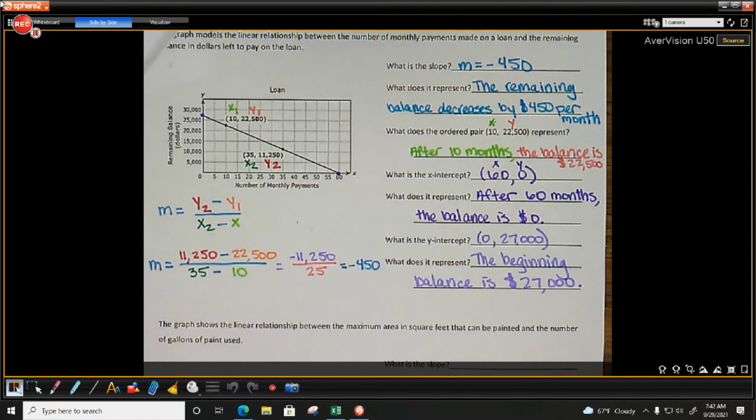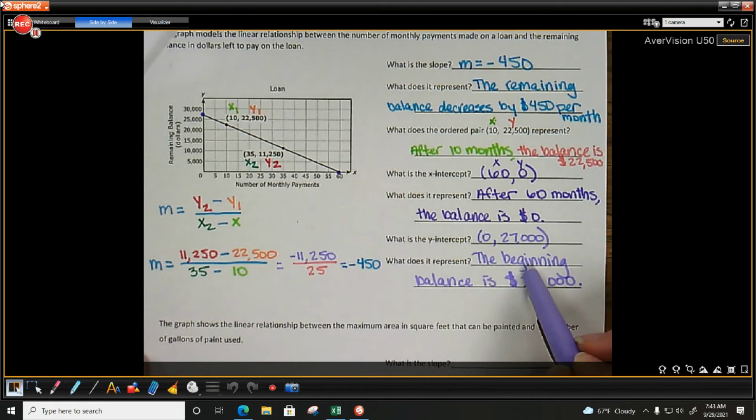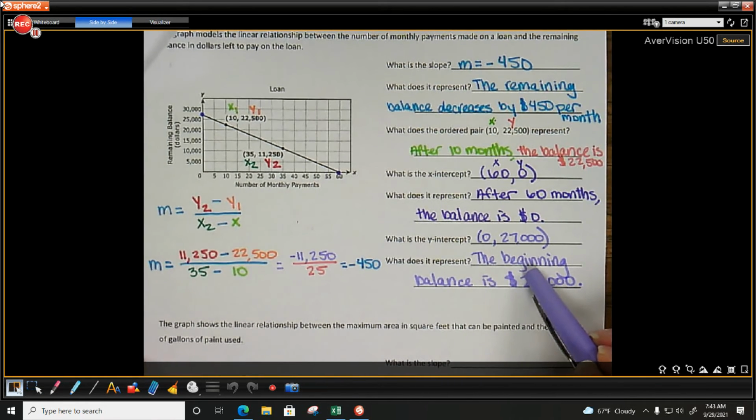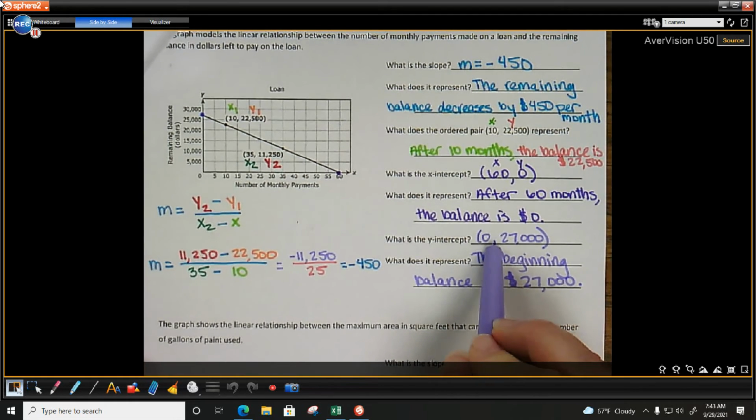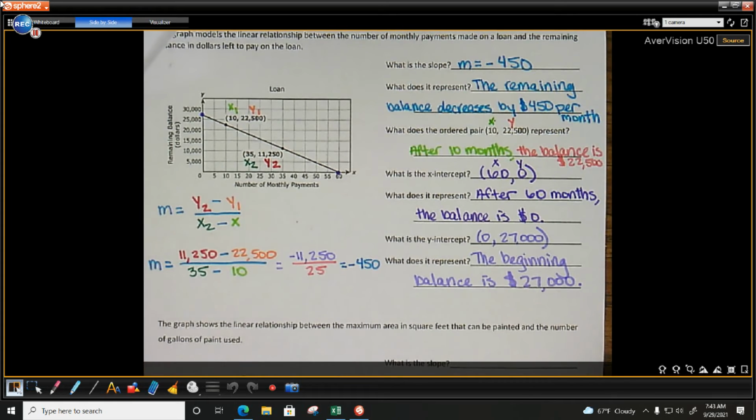Now, we don't actually have 0 written in that explanation, but when we begin, how many months have passed? 0. Beginning means no time has passed, right? So this word implies that 0 x value, 0 months. Okay? We okay with that?